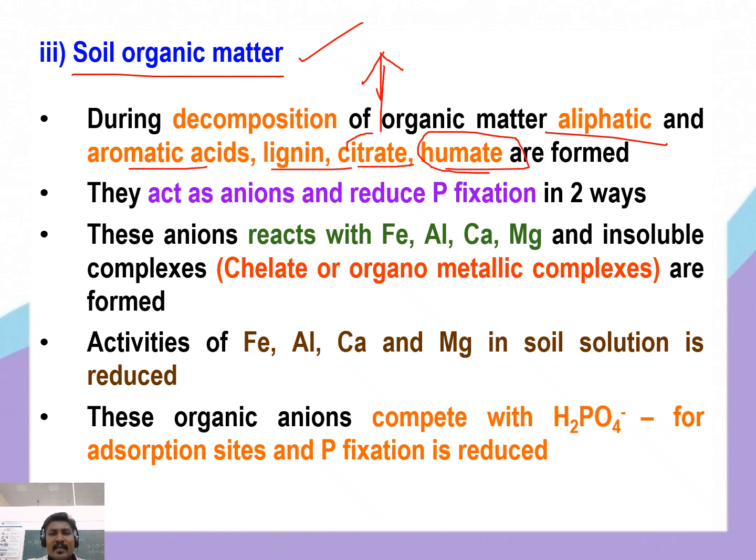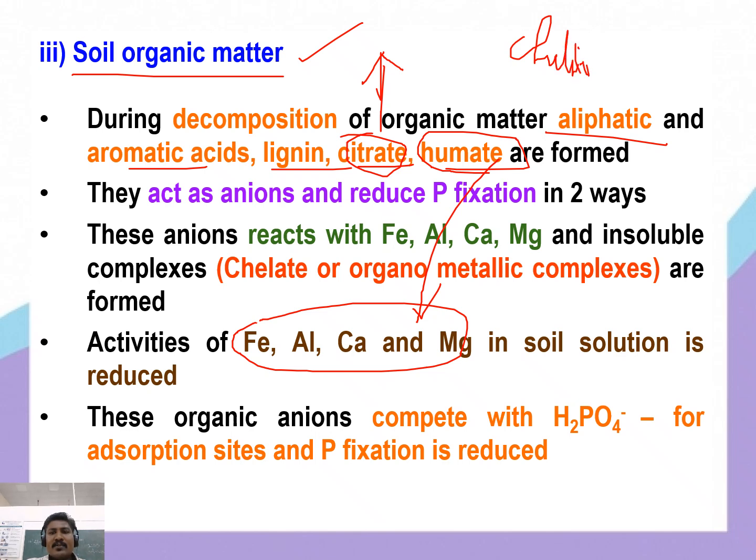They are organic acids. This organic acid will react with metal ions, iron, calcium, magnesium, to form a chelation. This chelation will make the nutrient available to the crops.